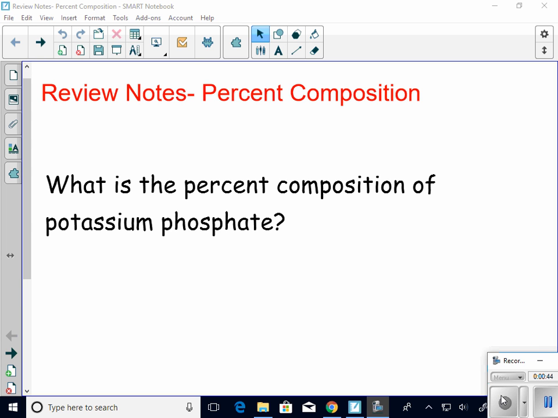So, where we need to start off is we need to calculate the molar mass. What I need you to do, after you write down this question, is calculate the molar mass, and then we will go from there.